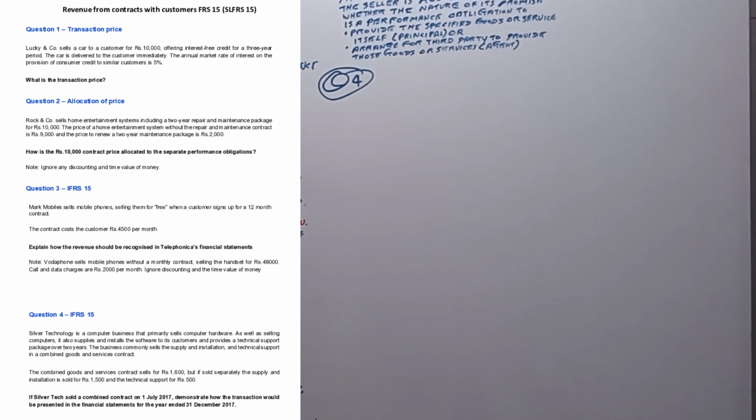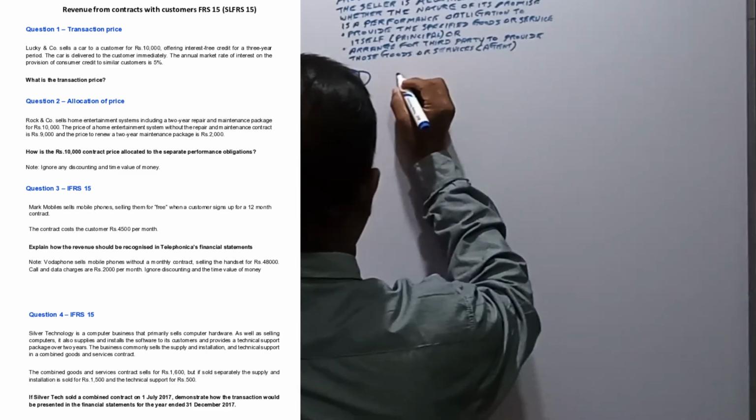The combined goods and services contract sells at 1600 for the computer and servicing.